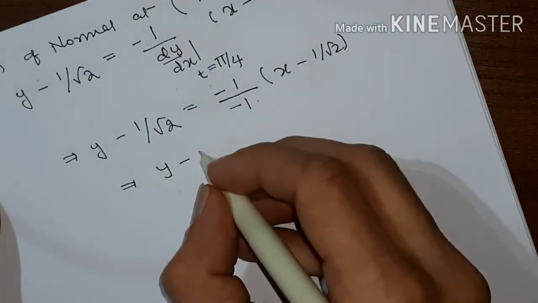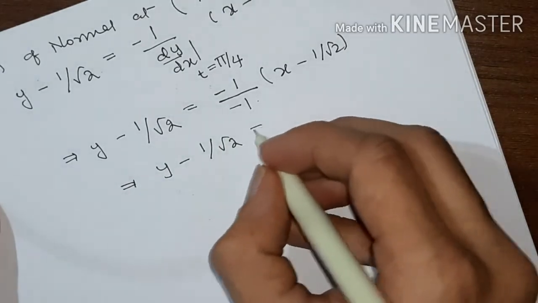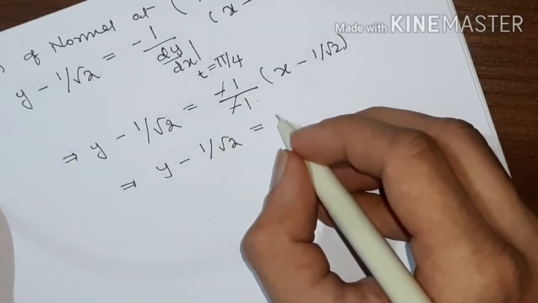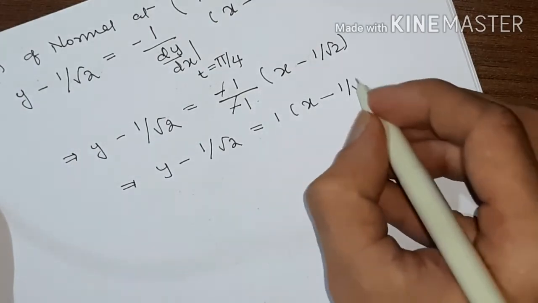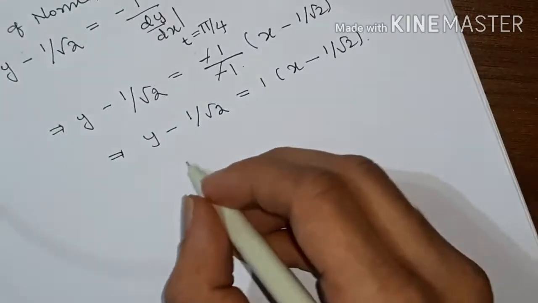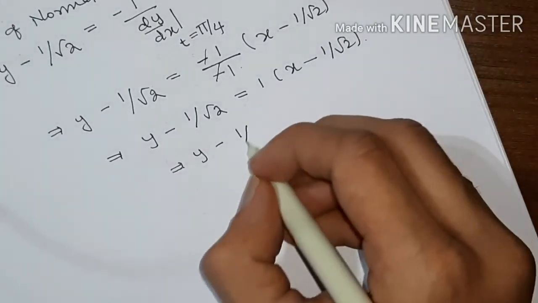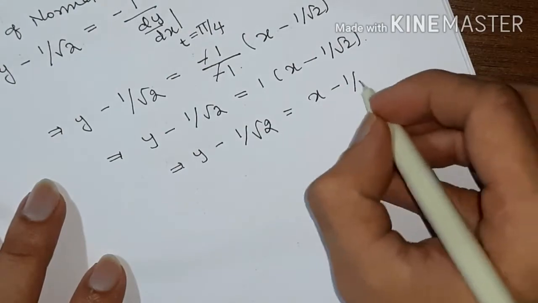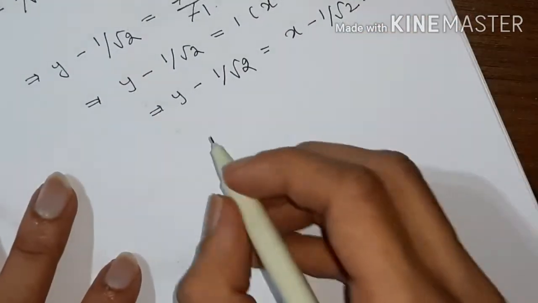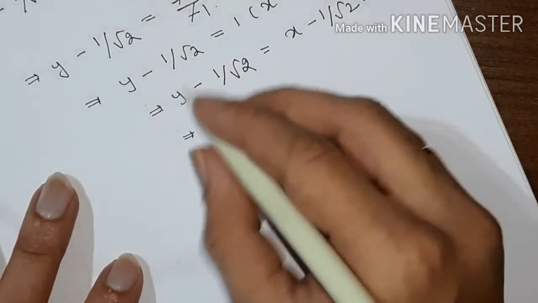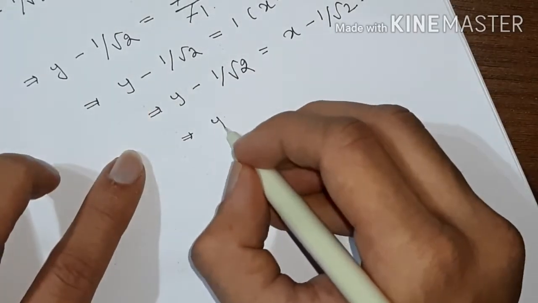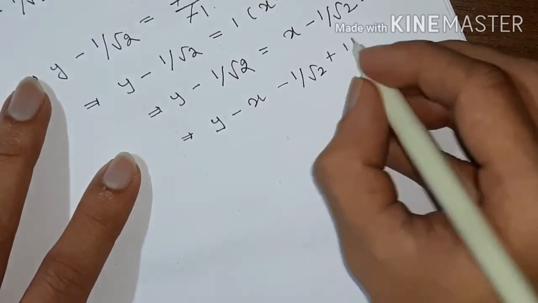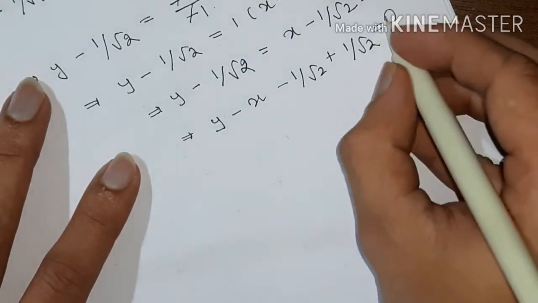So you get y minus 1 by root 2 equal to, minus and minus will get cancelled, you will get 1 times x minus 1 by root 2. So that is nothing but y minus 1 by root 2 equal to x minus 1 by root 2. If you take everything on one side, you will get y minus x minus 1 by root 2 plus 1 by root 2 equal to 0.